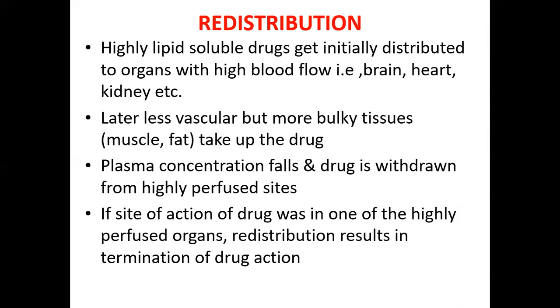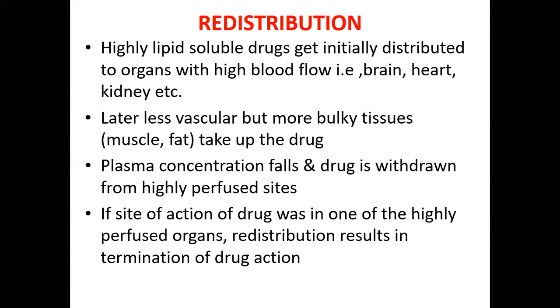So, redistribution. What is redistribution? Highly lipid soluble drugs get initially distributed to organs with high blood flow. So drugs which are highly lipid soluble get easy accessibility to organs which have high blood flow, like brain, heart, kidney, etc. Later, less vascular but more bulky tissues take up the drug.